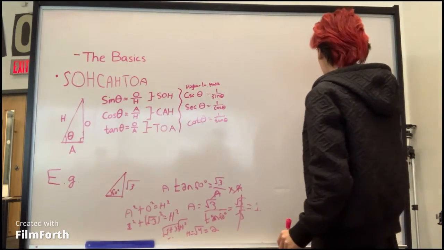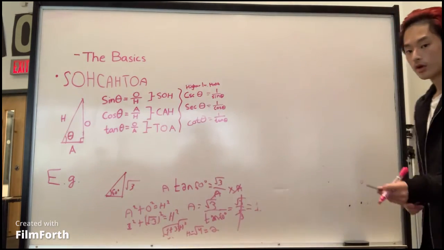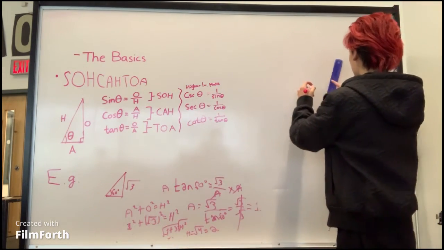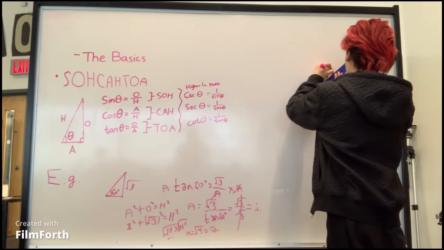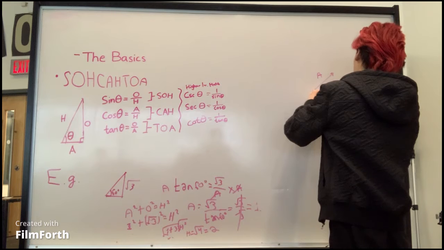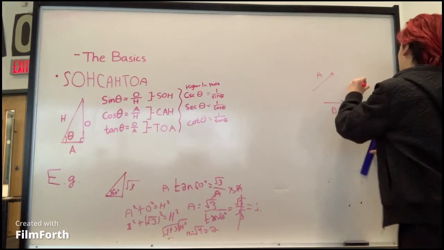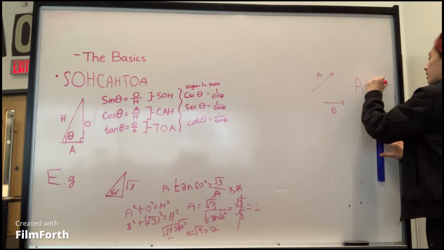Alright, so on the topic of vectors, let's talk about adding and subtracting vectors. For starters, let's say I had vector A and vector B. I want to add them up. So what is A plus B?